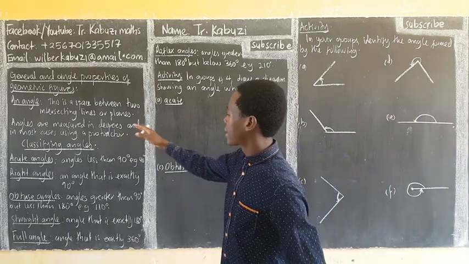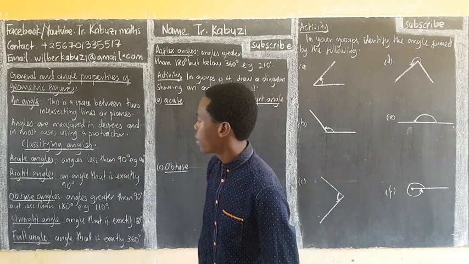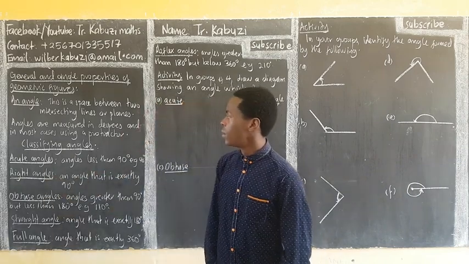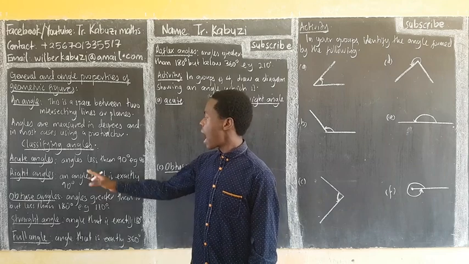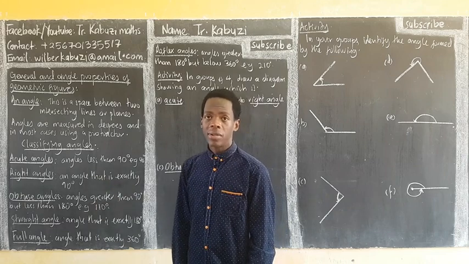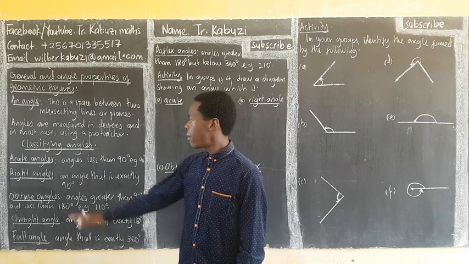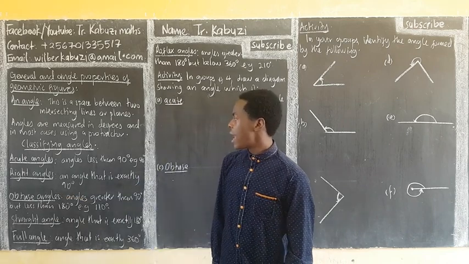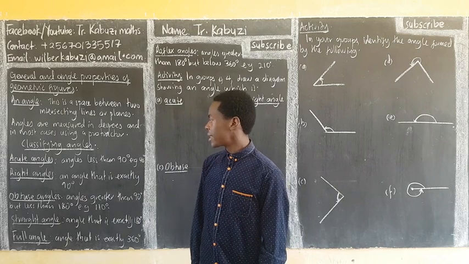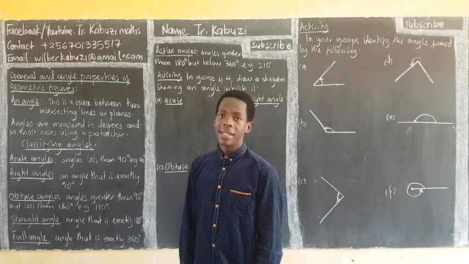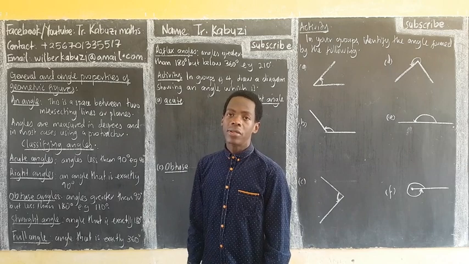Now let us come to classifying angles. We start with acute angles: angles less than 90 degrees. Whenever I measure an angle less than 90 degrees, that will be an acute angle. Right angles: an angle that is exactly 90 degrees. It's how we construct perpendicular lines, right?